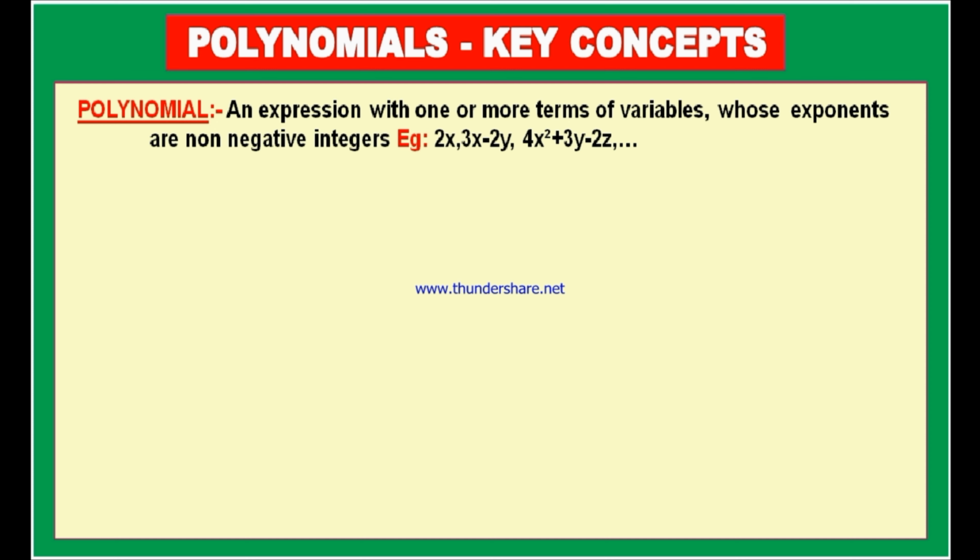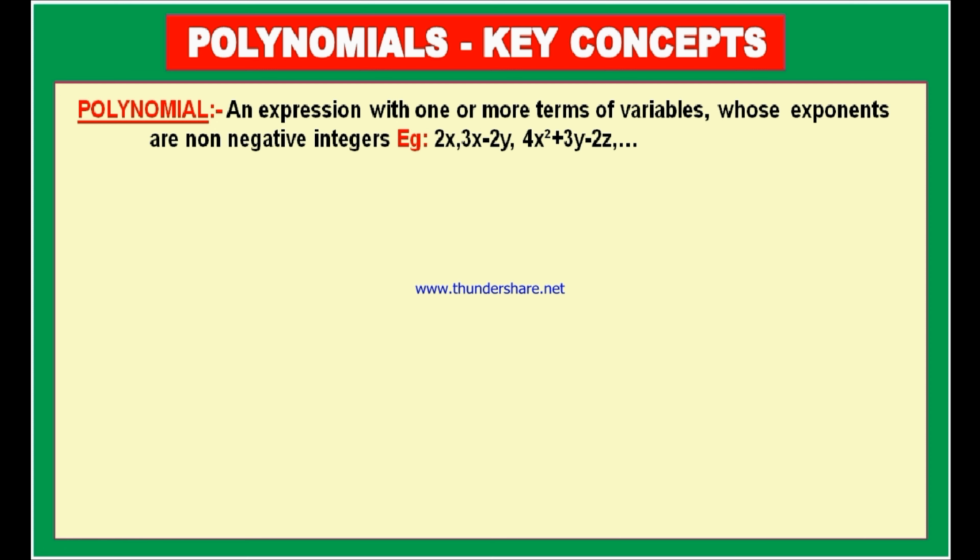Therefore the exponent of the variable may be 0 or a positive integer. Understood? Therefore any expression with one term or more than one term of the variables whose exponents are non-negative integers is called a polynomial.